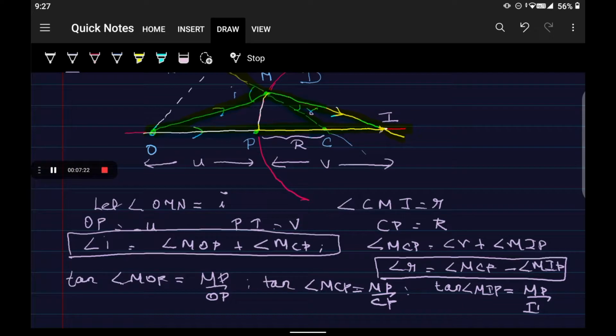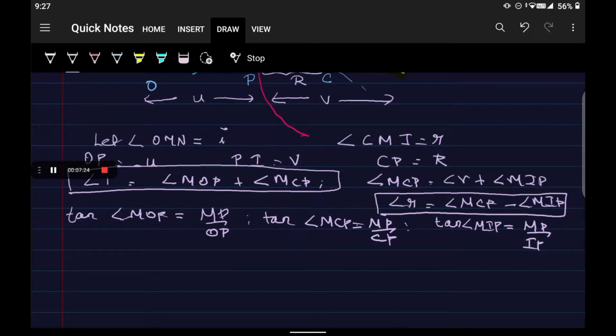Now, since the angles are considered to be very small, here I have drawn it a little bigger, but the angles are very small, so tan theta can be approximated as theta. So I can write angle MOP as MP by OP, angle MCP as MP by CP, and angle MIP as MP by IP.